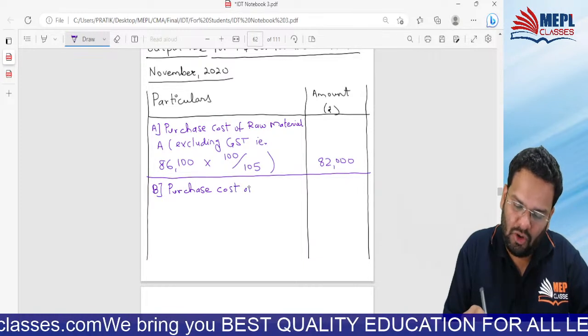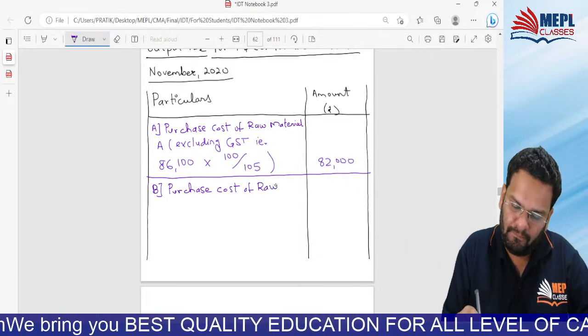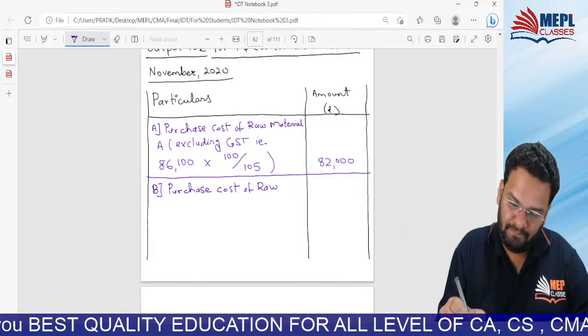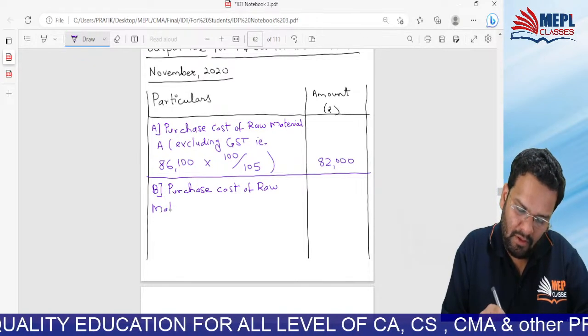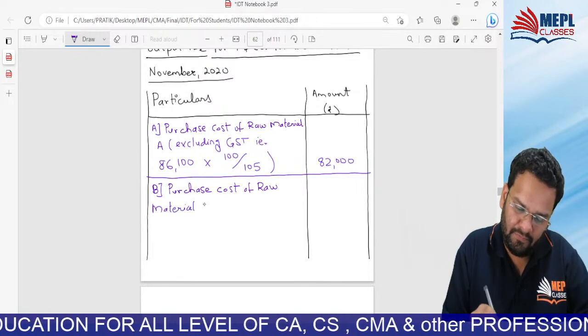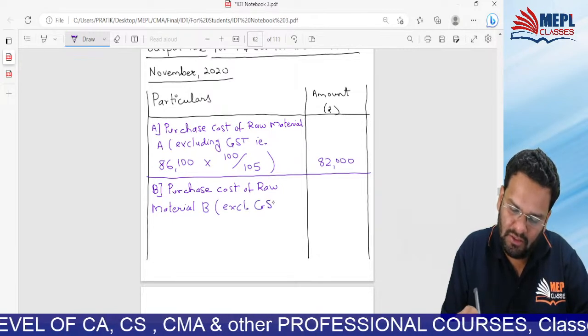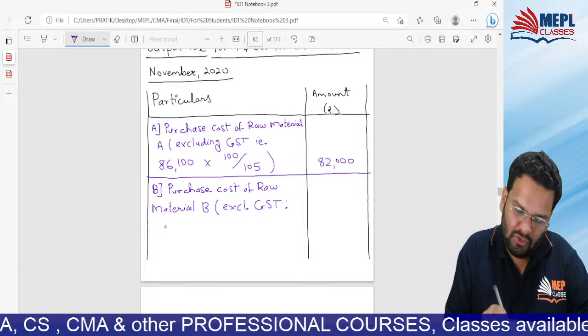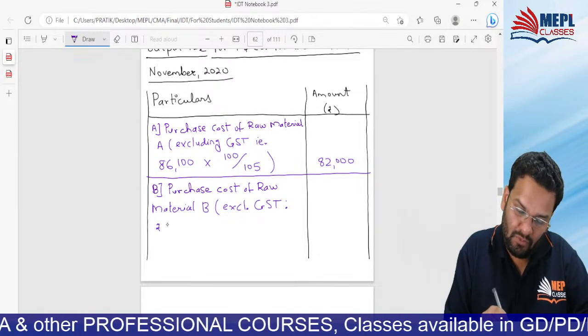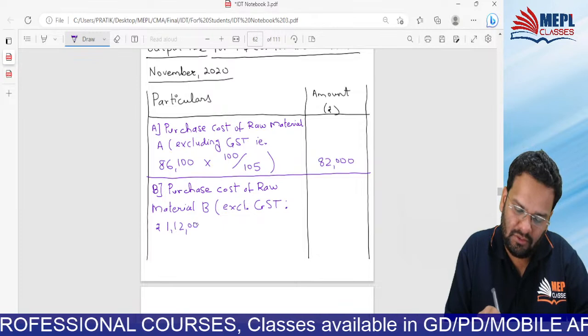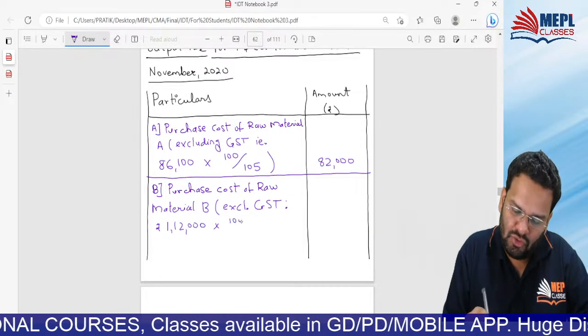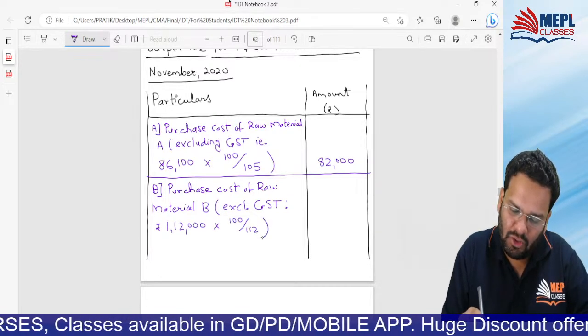B point, purchase cost of raw material B. Again, same thing. You want it to be excluding GST. So it is going to be 1,12,000 into 100 by 112.